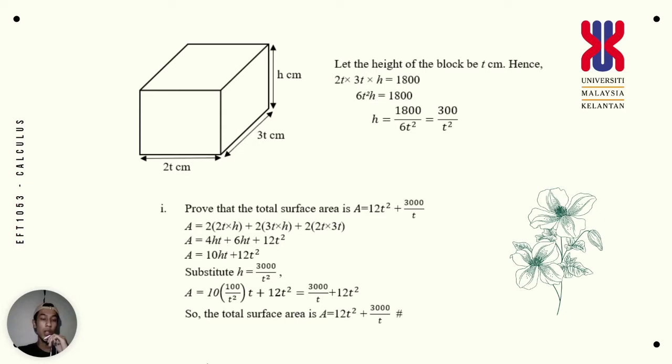So the surface area is A equal to 12t² plus 3000 divided by t. So we have already proved the total surface area.